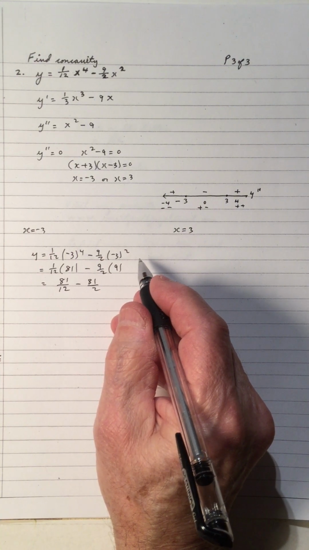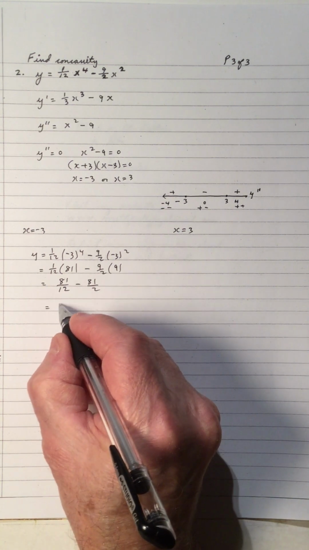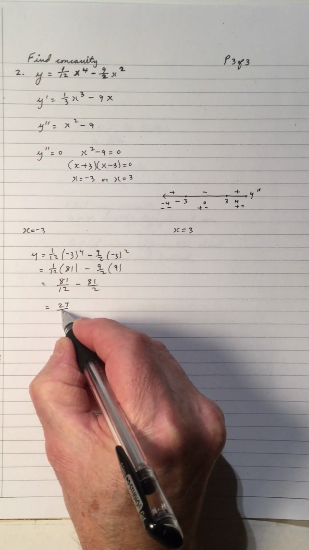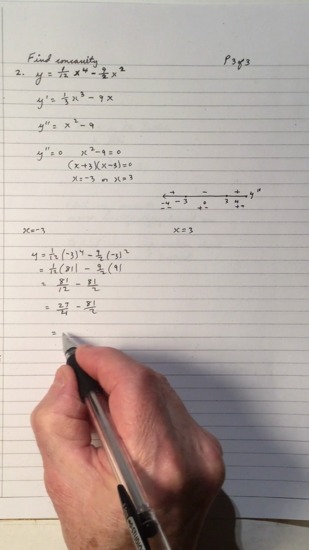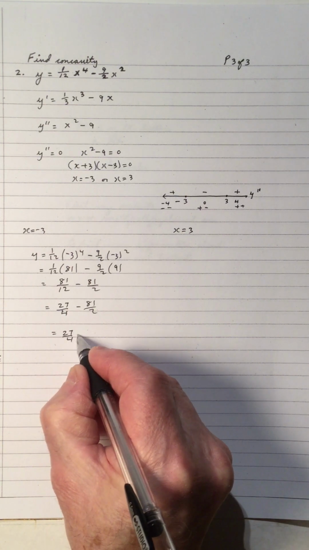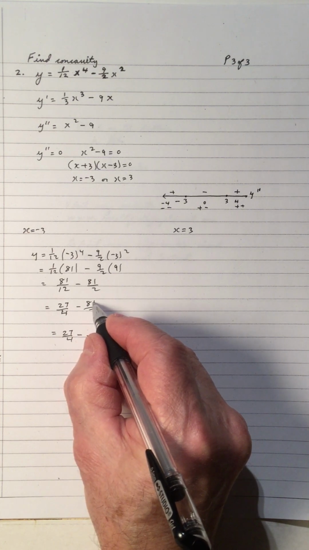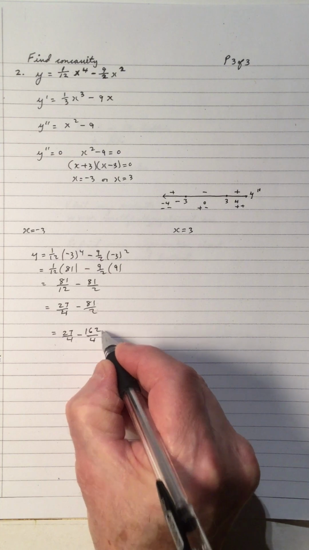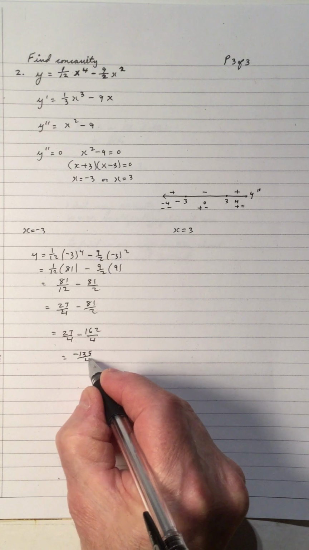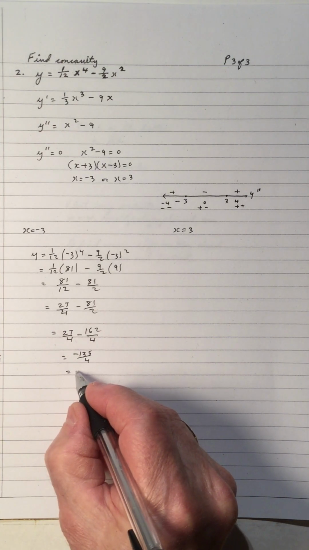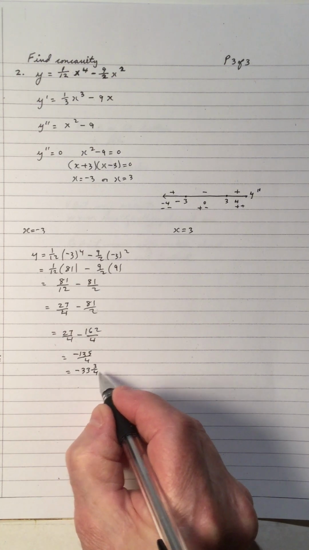And so we can reduce this down if we want. We can divide by 3, so that gives us 27 over 4 minus 81 over 2. 4 is a common denominator, so we get 27 over 4 minus, 2 times 2 is 4, 81 times 2 is 162, so that gives us a negative 135 over 4, or we could also say that's a negative 33 3/4, or 0.75.